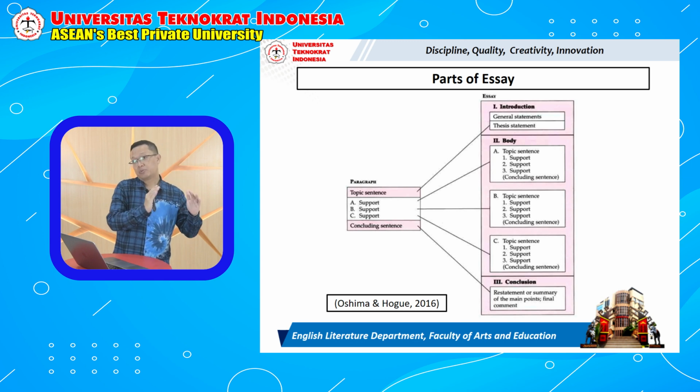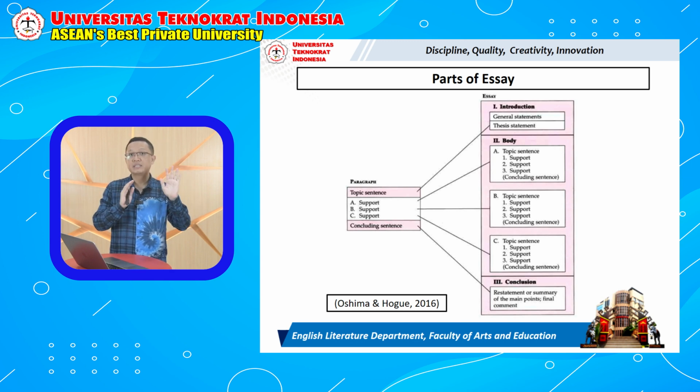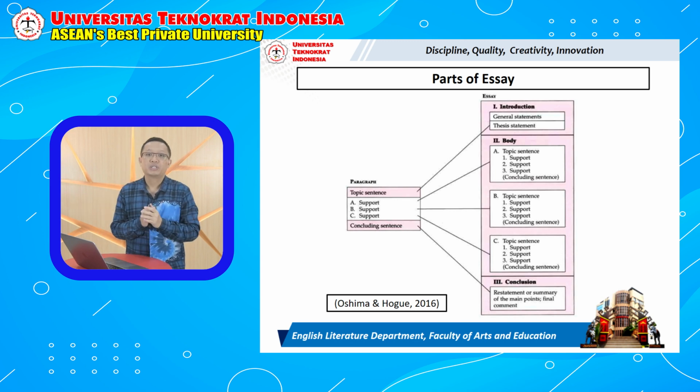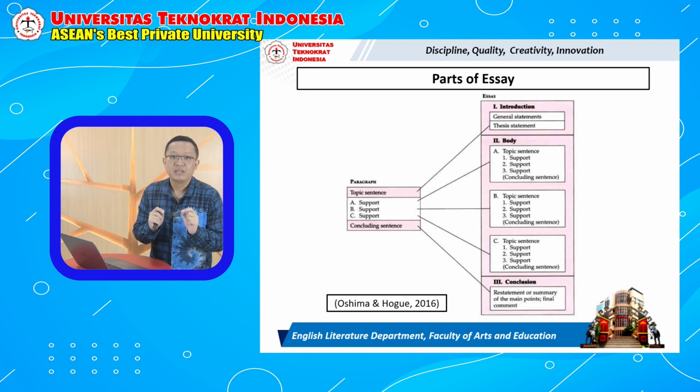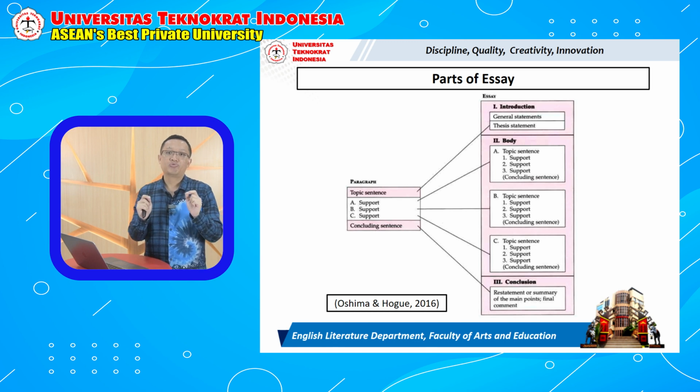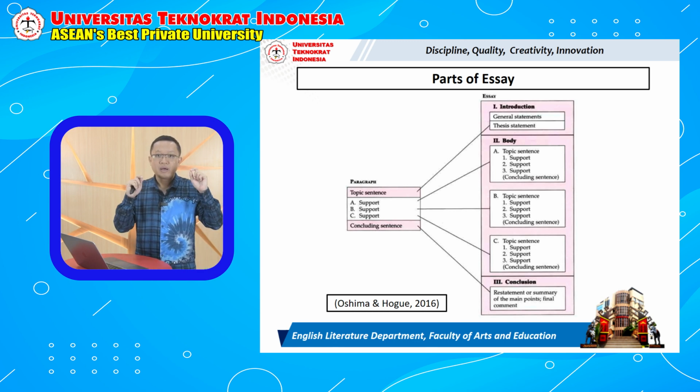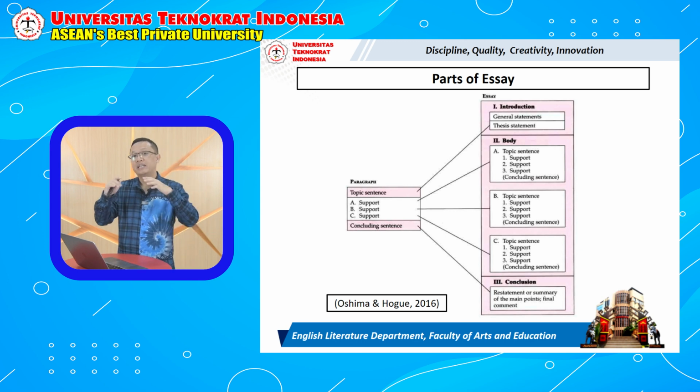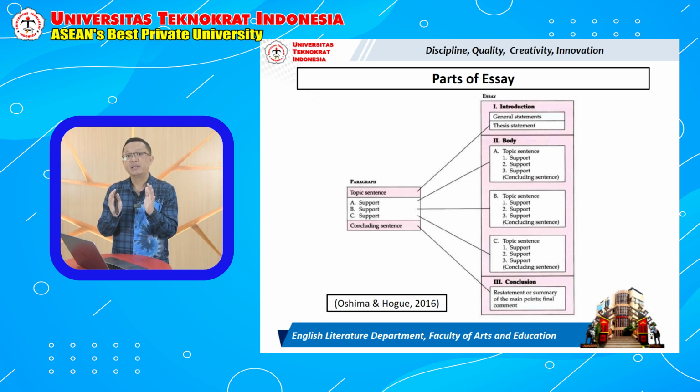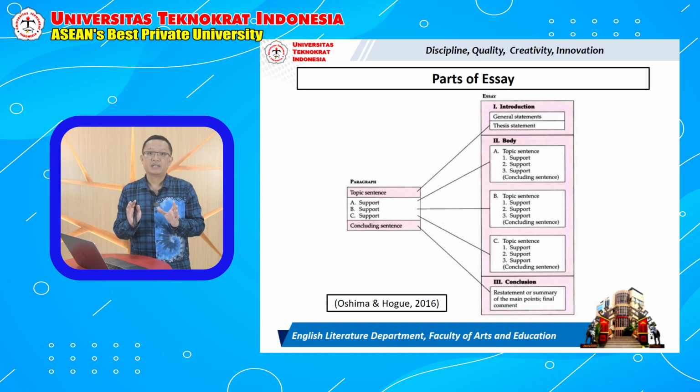Okay? Now we move to number 3. This is the last part of an essay. We call it the conclusion. So what should be written in the conclusion? Normally, you write your restatement of the points that you have mentioned in the body part of your essay, or you can summarize it.